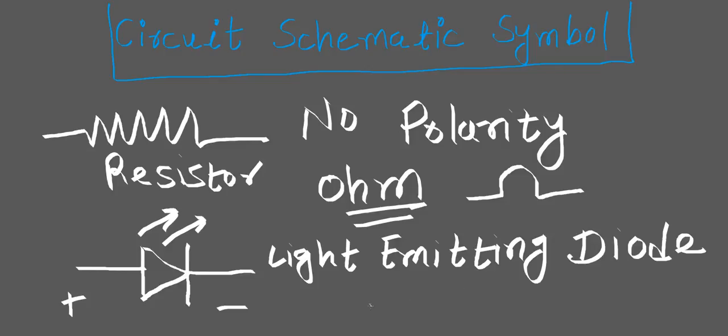Now, a light emitting diode is a two-lead semiconductor light source. It is a PN junction diode which emits light when activated, okay? Like I said, it has a positive and negative leg, and because this LED emits light, that's one of the reasons why two arrows are pointing away from the LED, just to show that this is a light emitting diode.